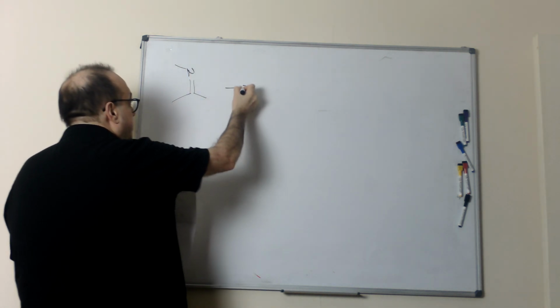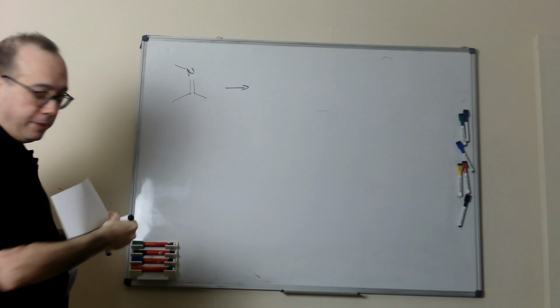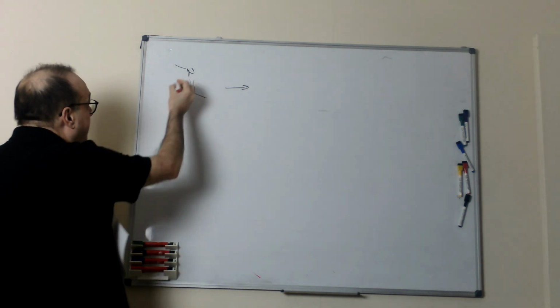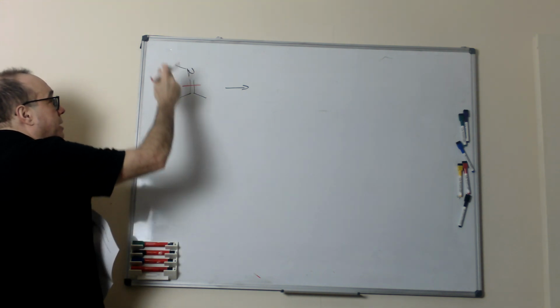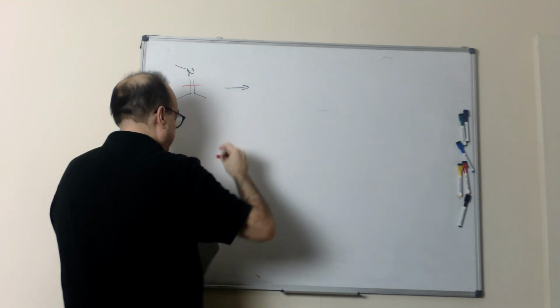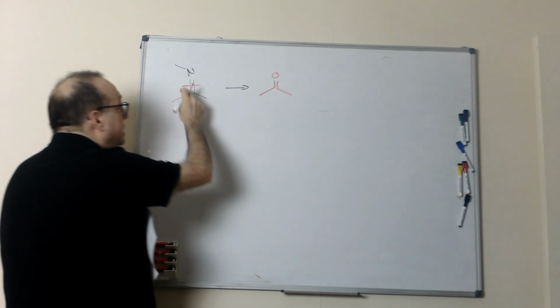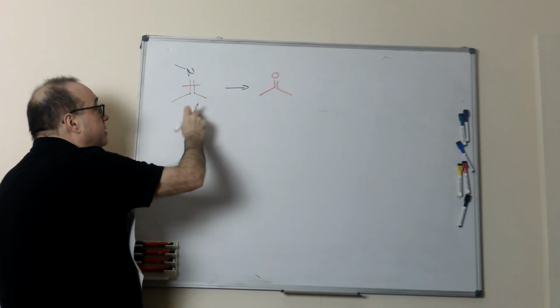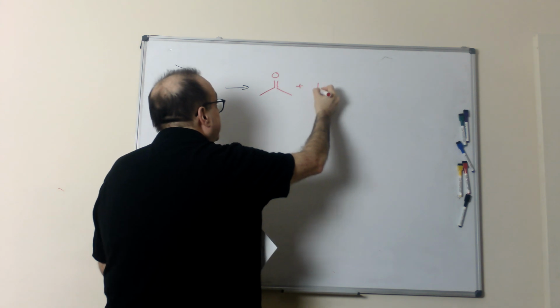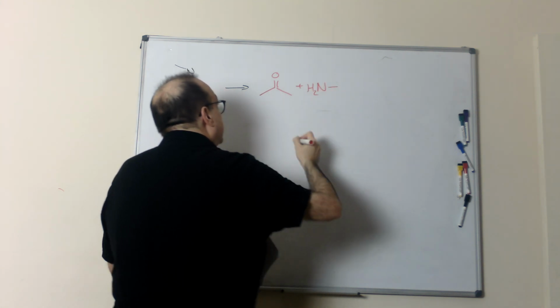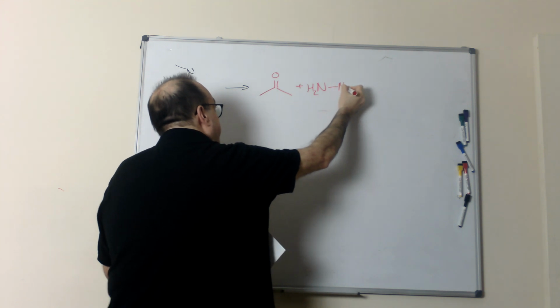Remember that we break this carbon double bond nitrogen, and here we have the aldehyde, the ketone, plus the primary amine.